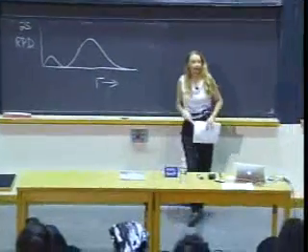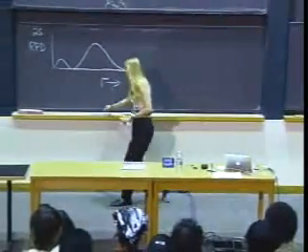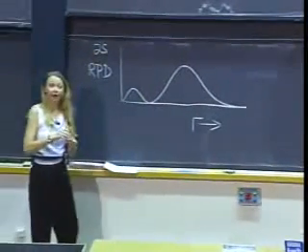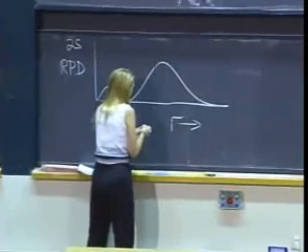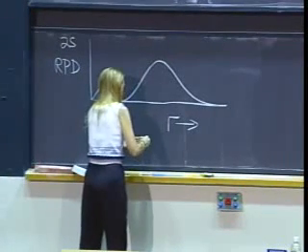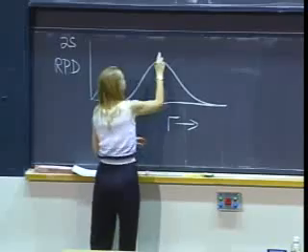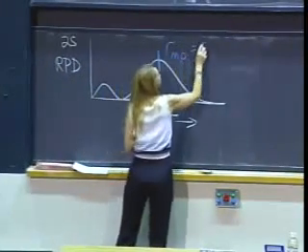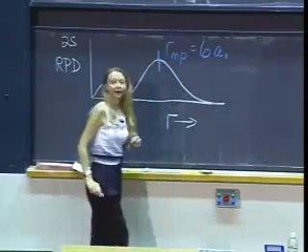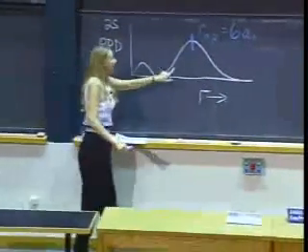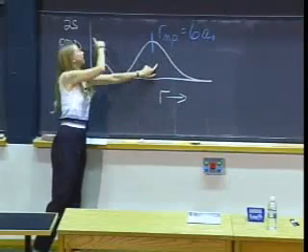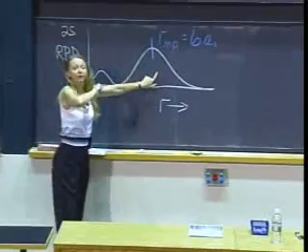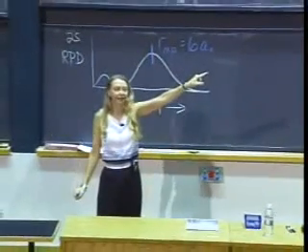Lo and behold, the most probable value here of r, r_MP, is actually 6 a naught. Hey, it is most likely for the electron in a 2s state to be 6 times as far from the nucleus as it is in the 1s state.